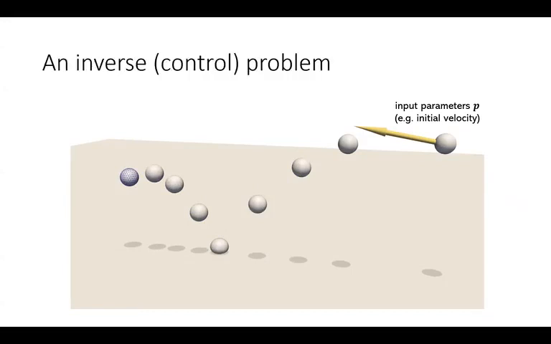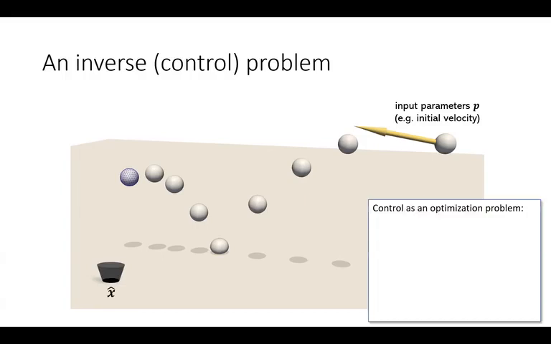For an inverse problem, we also need a goal. For example, we might want the ball to land in this cup. We can describe this goal mathematically through an objective that measures the distance between the target and the position of the ball at the end of the motion trajectory. If we want to use a gradient-based method to find the input parameters that minimize this objective, we will need a gradient, which we can compute easily using the chain rule.